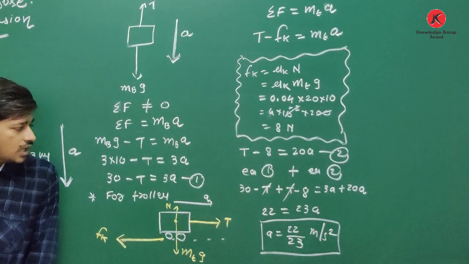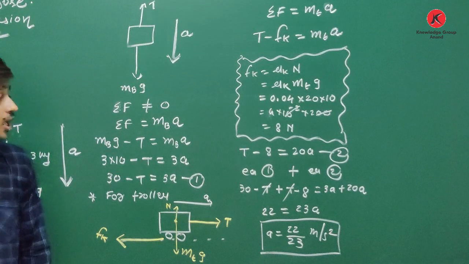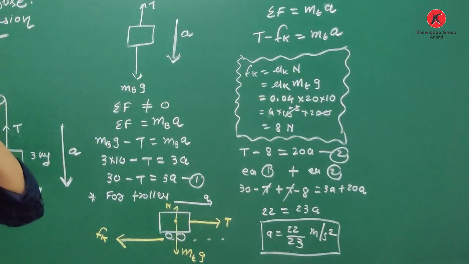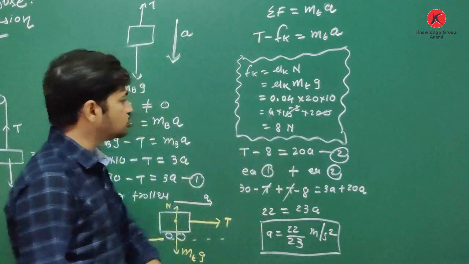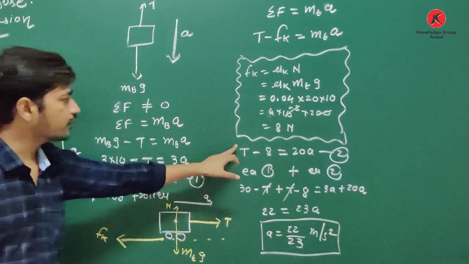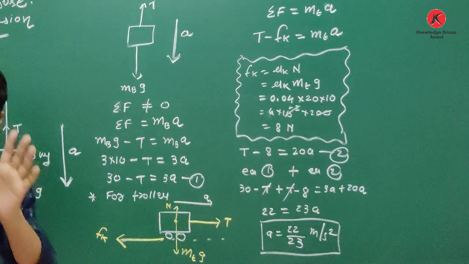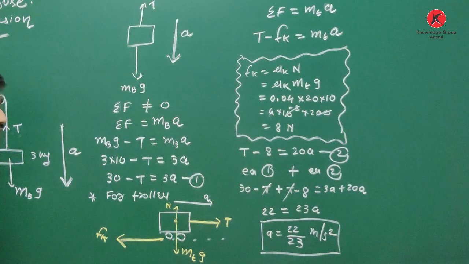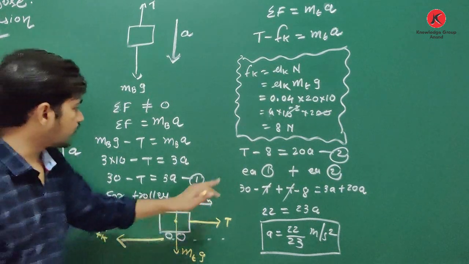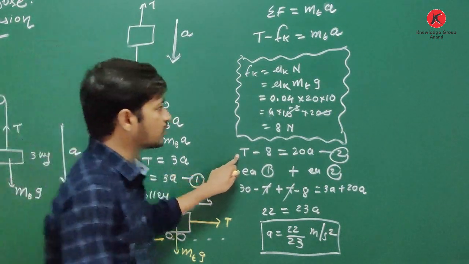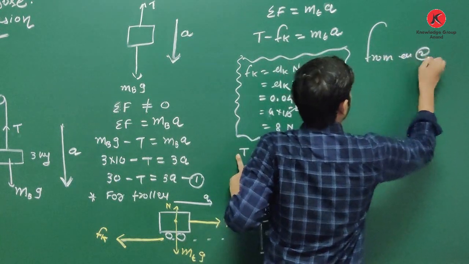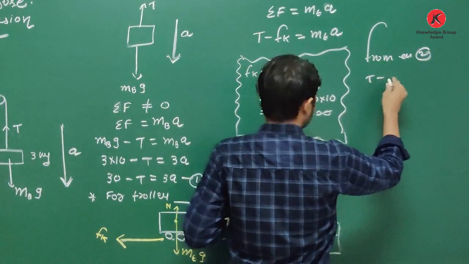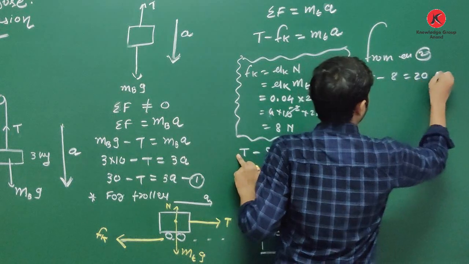Okay. And now another question: how to find tension? To find tension you can use any equation, equation number 1 or equation number 2. You have to just put the value of acceleration. For example, from equation number 2, T minus 8 is equal to 20a.